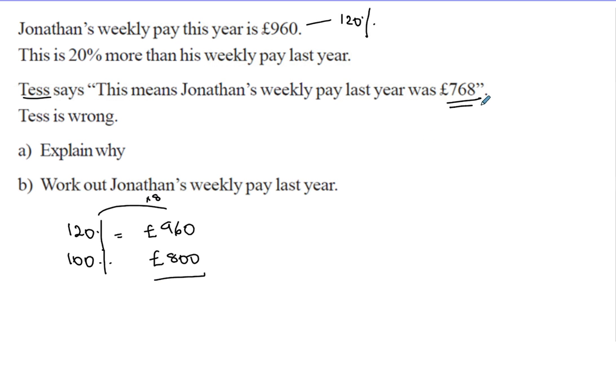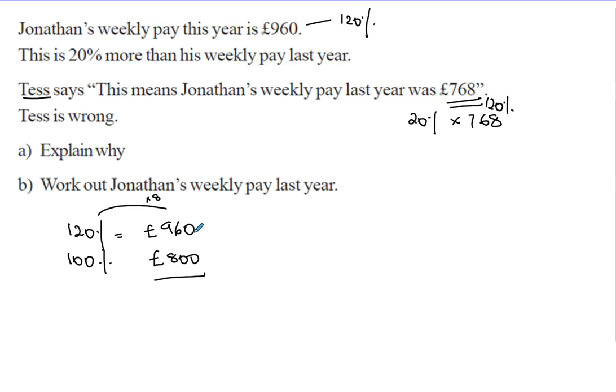How on earth did Tess get 768? What the workings here was, it took 20% off the 960, but here you can see it was taking the 20% of the 120%. So we needed to take 20% of the 100%.